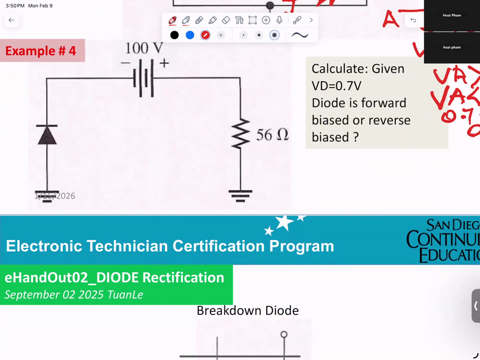Now, if you want to see the diode here, I can draw that for you. That will be A. That will be C. VA connects to the ground.